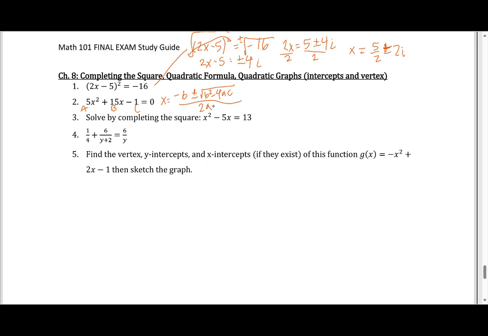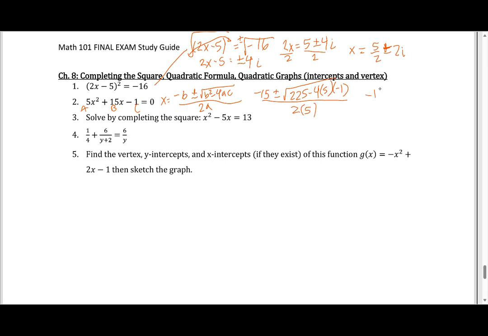So b is 15, so we got negative 15 plus or minus the square root. Ooh, that's a big square root. 15 squared is 225. You can go ahead and write that. Minus 4 times a, which is 5, and c is negative 1, all over 2 times 5, which was a.